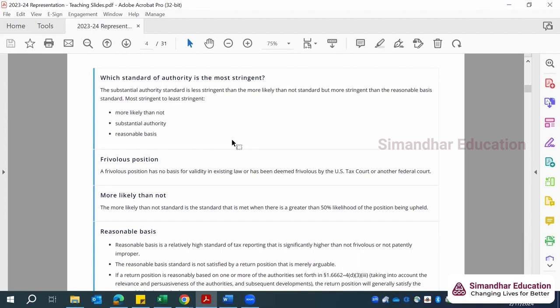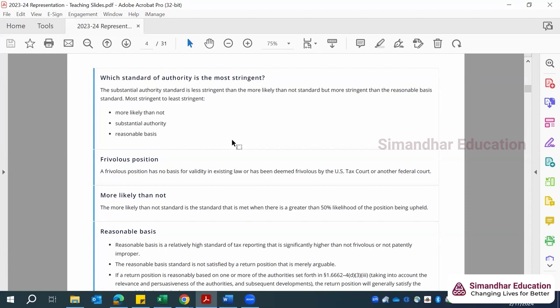So if I have to give you an example, let's say that someone moved to the United States for work, and they stayed in the United States for 3 years. Ideally, they would meet the substantial presence test. And if they satisfy the substantial presence test, they are required to file a tax return in the United States.